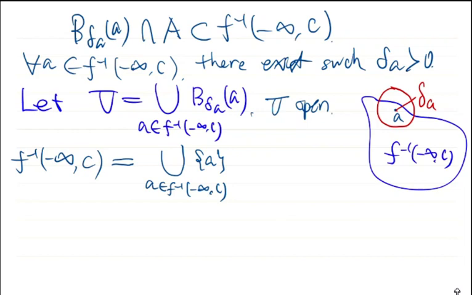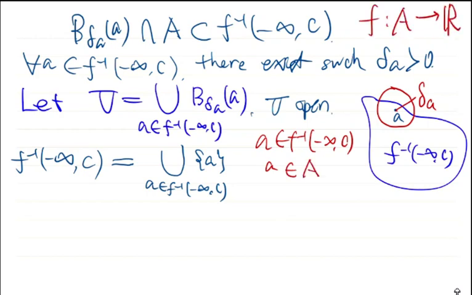Okay, so this is a very easy equality of sets. But this point a obviously, because a belongs to the pre-image of f, implies that a belongs to A, because f is a map from A to R, right?